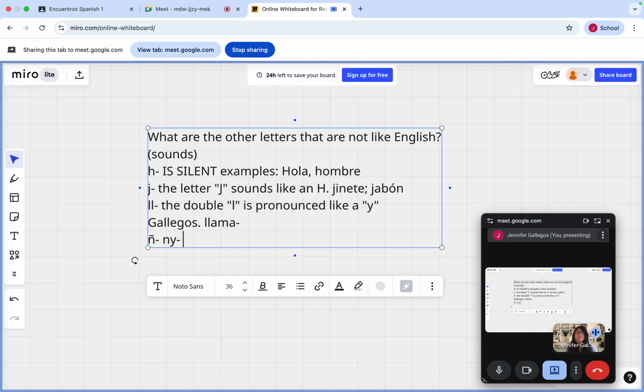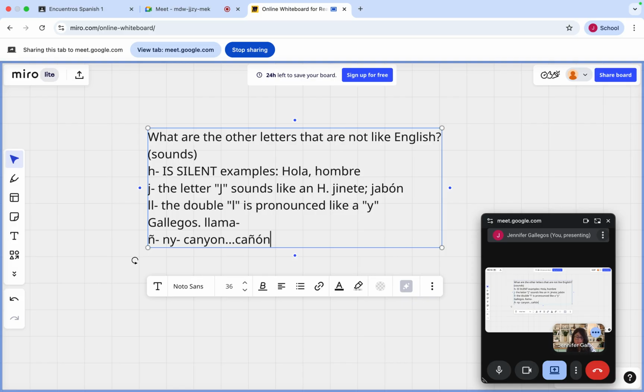Okay, so for example, think of the word canyon. So when you pronounce canyon, you've got the ñ sound. However, in Spanish, it's going to be spelled like this. Cañón. So we're putting the stress on that O, cañón.